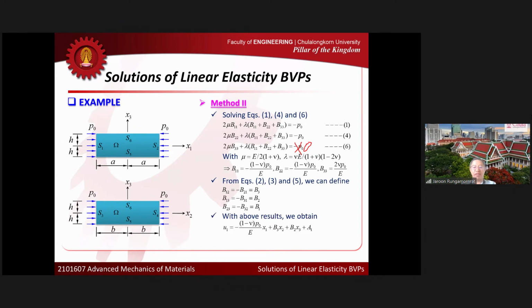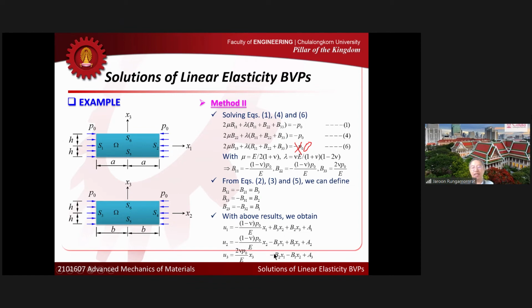Now what we have here is the displacement that we got, right? We started from the linear form of the displacement field, and we made it satisfy all the boundary conditions. We finally get U1, U2, U3 like this.